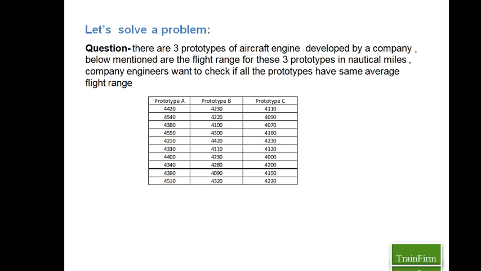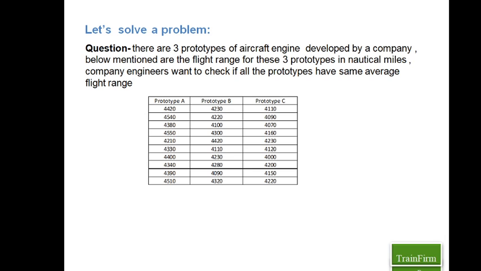They have fueled the engine, taken it for a ride, and then recorded how many nautical miles they could cover with the fuel filled for prototype A, B, and C, and they have got altogether 30 samples, 10 samples for each prototype.